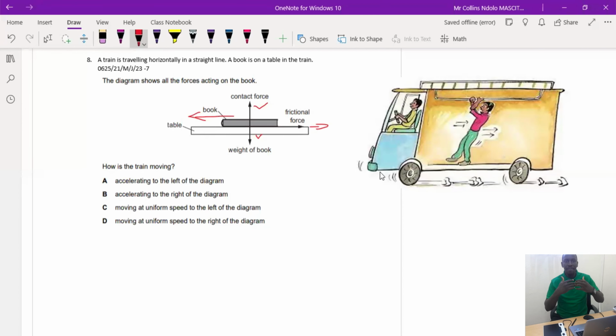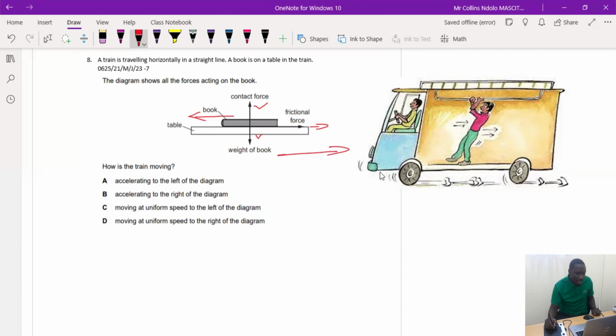But if the vehicle or the motorcycle is moving at a constant speed, then everybody in that particular vehicle will be moving at the same speed. So that means the train must be moving forward at a higher speed than the book. That is where the book tends to jerk backward.